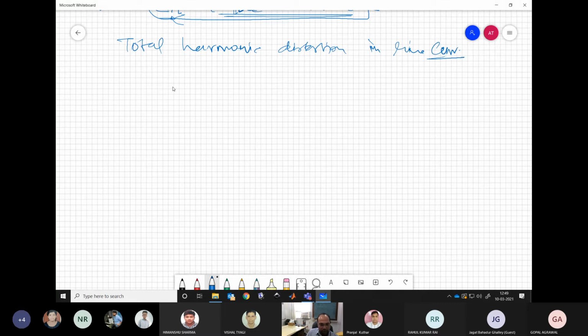The definition of ITHD says that it is the ratio of the total RMS value of the waveform minus the fundamental RMS value, divided by the fundamental RMS value. These are absolute numbers, that's why this square is there. Here also this square is there.